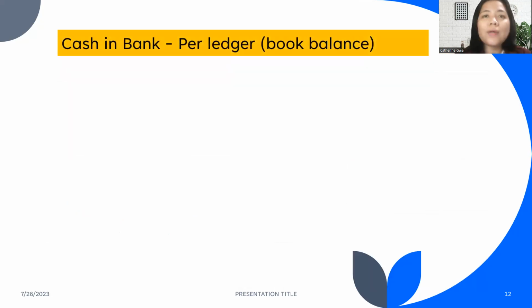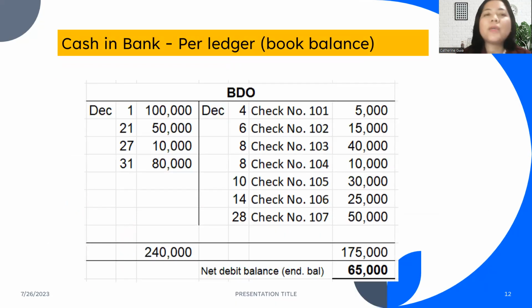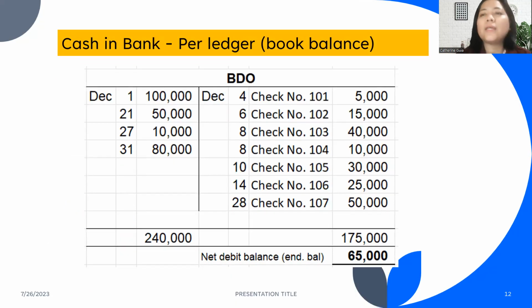Okay, let's take a look at the cash in bank per ledger or book balance. We have here a very simple illustration. This is a T account, assuming that the company has an account at BDO. You have your left side, the debit side, and the right side, the credit side. Your left side represents your collections, and that increases your cash balance.